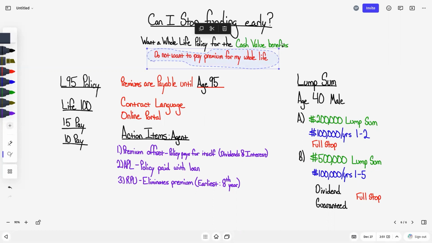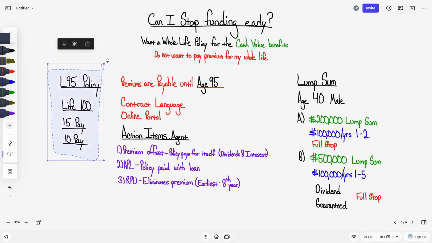What we'll look at first, actually before I look at the numbers, we've got different products over here. In a case like this, I'll usually show 2 or 3 different options, all the same funding schedules, but I'll show perhaps this L95 policy, a 15-pay policy, and then maybe a 10-pay policy, or perhaps one other option instead of a 15-pay.